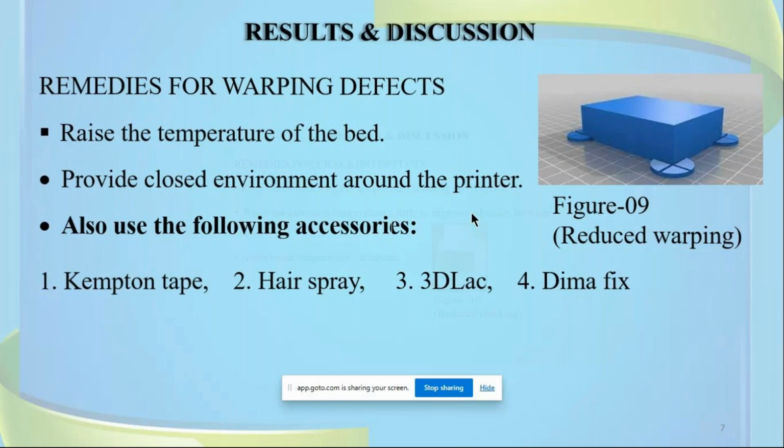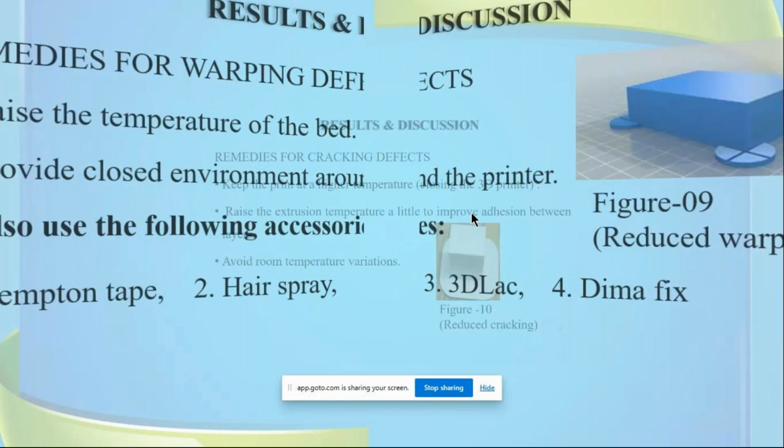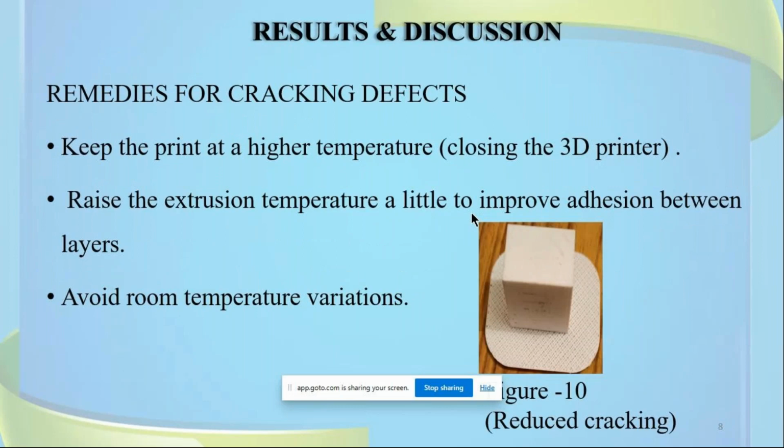So now, remedies for cracking defects. As we have already seen, cracking defects occur in the intermediate layers, and in this situation the product will first be affected by the warping defect. So here, keep the print at a higher temperature.